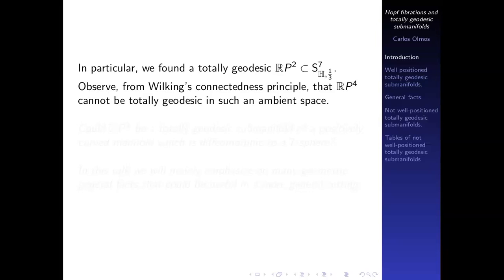Now, from Wilking's connectedness principle, one has that RP4 cannot be totally geodesic in a 7-dimensional manifold of positive curvature that is homotopic to a sphere.